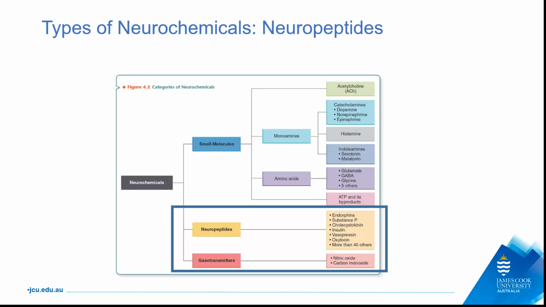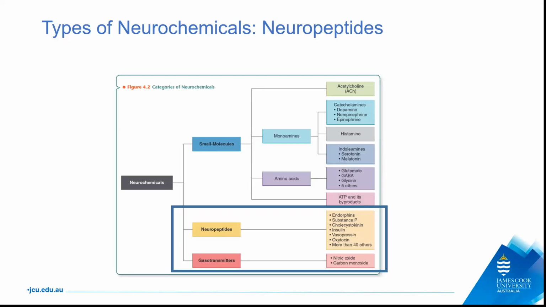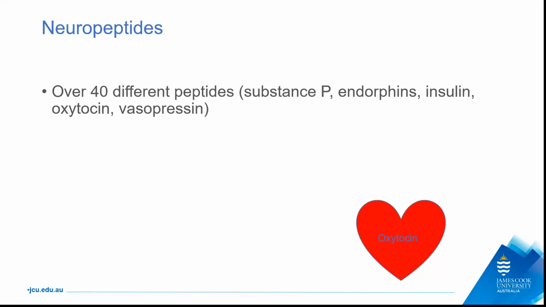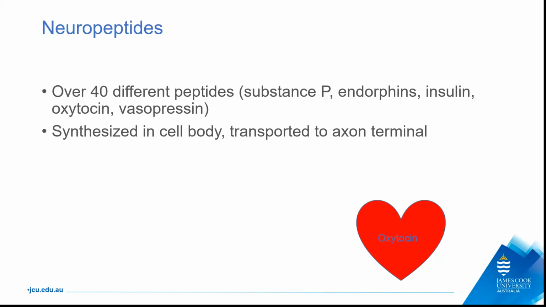So neuropeptides and gasotransmitters, I will just go through them very, very quickly. I just really have enough time to talk about oxytocin. So oxytocin is what we call the love hormone. You guys can read, it's synthesized in the cell body and transmitted to the axon terminal.